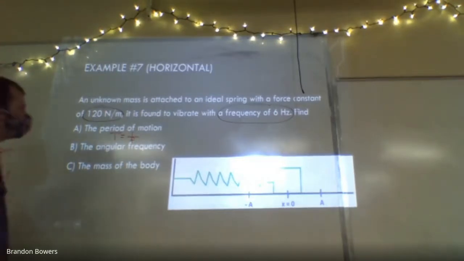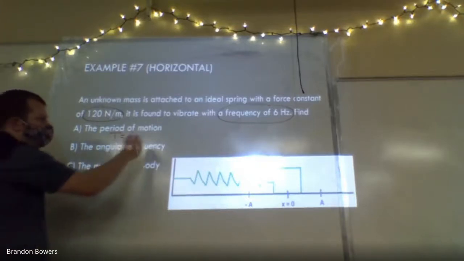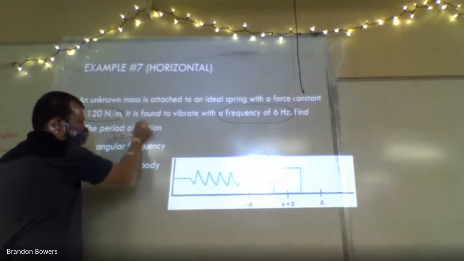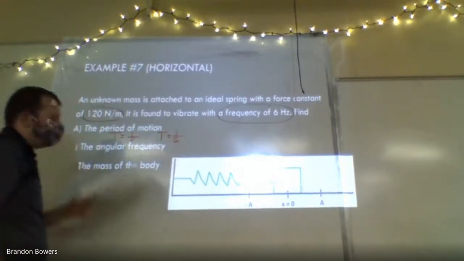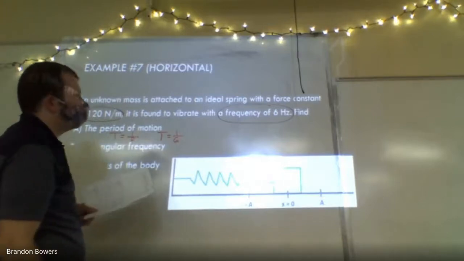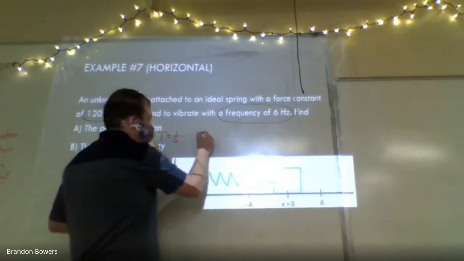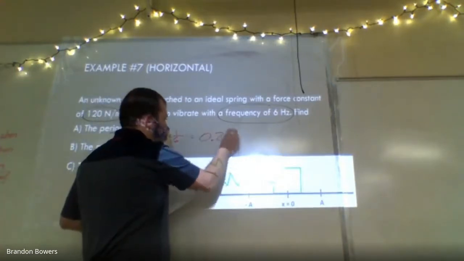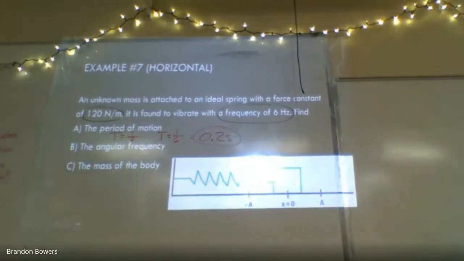Okay, so 1 over the frequency. Hopefully this one was pretty easy. So T is equal to 1/6. The decimal would be 0.16, so 0.2. Is that what you guys got?